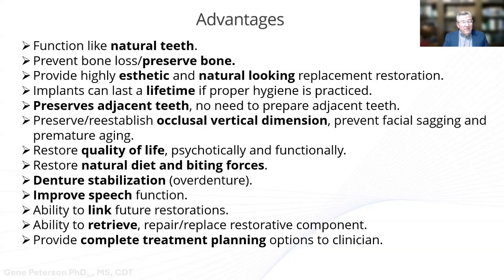Now, there are one-piece implants out there that have their advantages, but most of the time we're placing an implant that has an abutment, so it's retrievable and you can repair it if you need to. If the one next to it goes, you can always splint 2 together if that's the right situation. There are situations where you'd want to do that and where you wouldn't. And more than anything, provide a complete treatment plan to your patients. As a clinician, you don't have to send them down the street unless that's something you want to do. All right, so a lot of advantages.